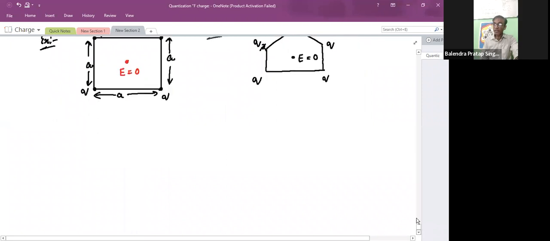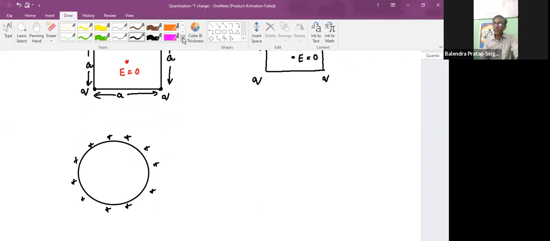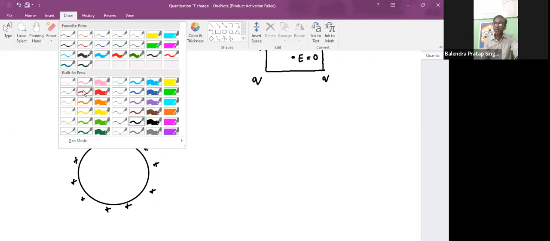In that case, if I put n number of charges here, here, here, here, n number of charges, then the neutral point exists at the center of this ring.